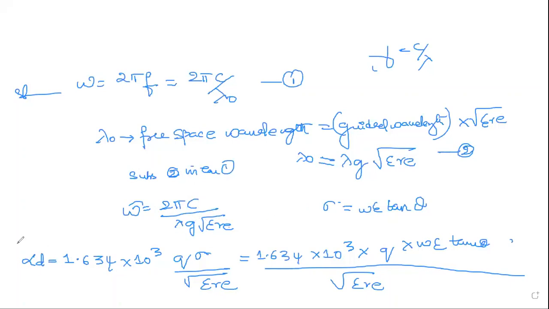From that, we know the dielectric attenuation equation as alpha D is equal to 1.634 into 10 power 3 Q sigma by square root of epsilon Re. Substitute for sigma as omega epsilon tan theta. Now substitute for omega.